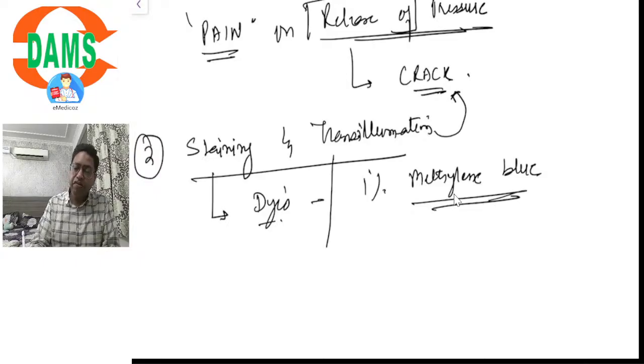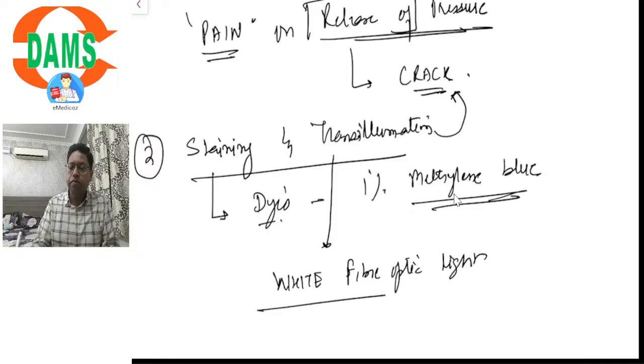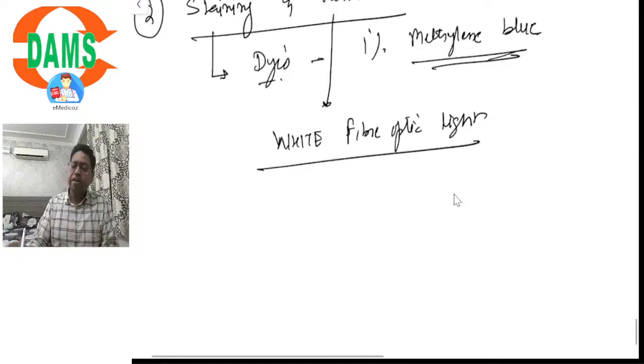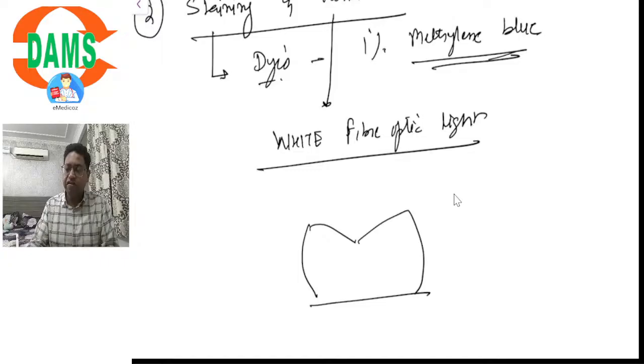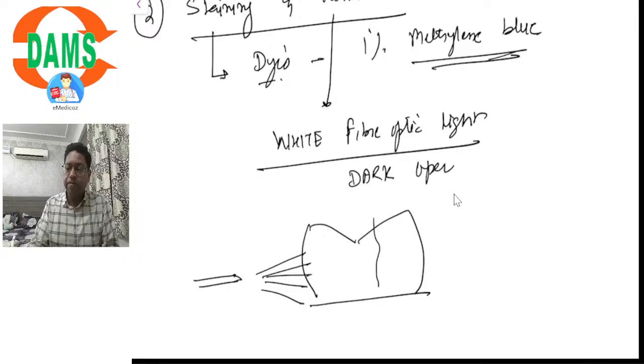In transillumination, we use white fiber optic light. Okay. What is happening? Suppose this is a tooth crown that has got a crack that is not noticeable clinically. We shine intense white fiber optic light from one side of the tooth and the operatory is dark.